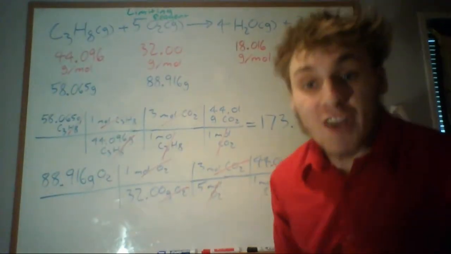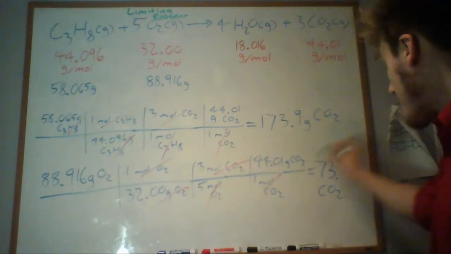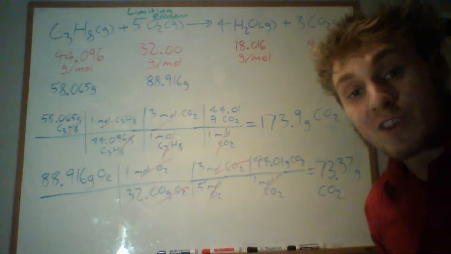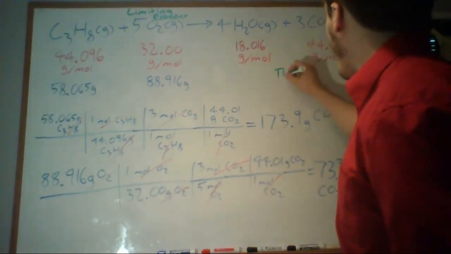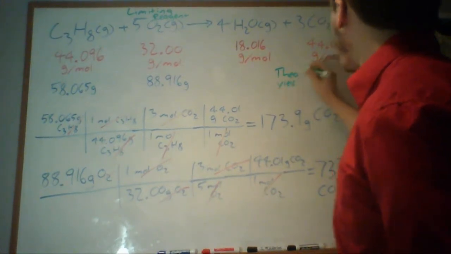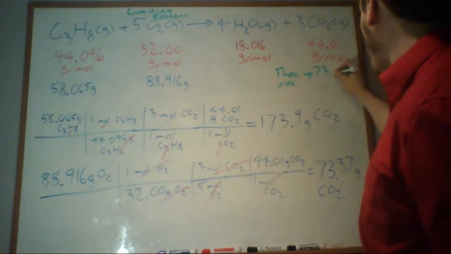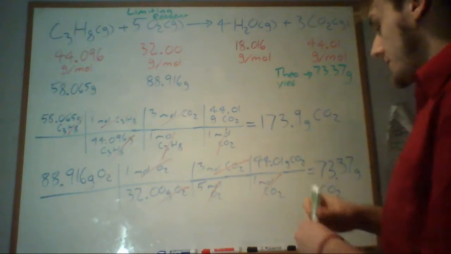Not only did we figure out that oxygen is our limiting reagent, just based off of the fact that it limits how much product we can make, but we also figured out the theoretical yield of our product. So the theoretical yield of CO2 is going to be 73.37 grams.